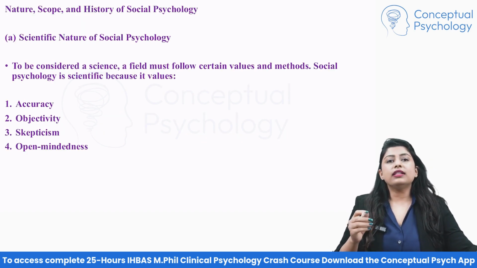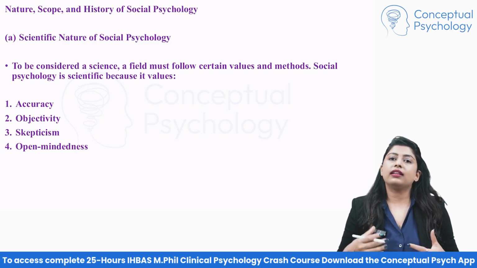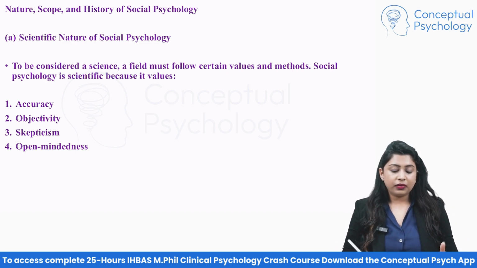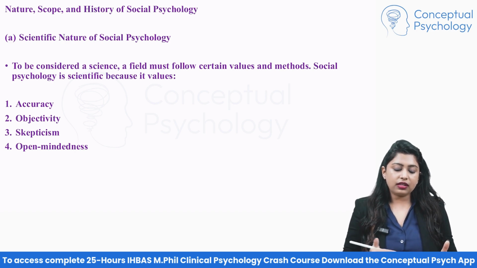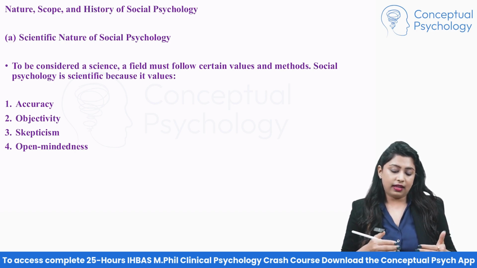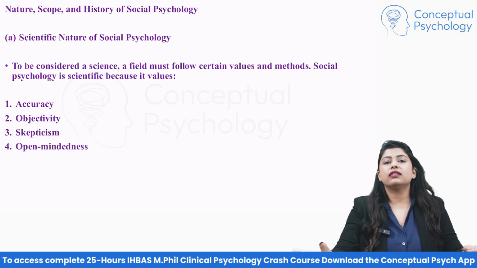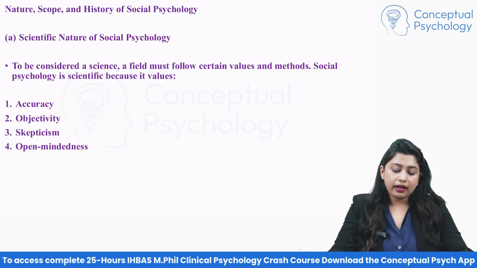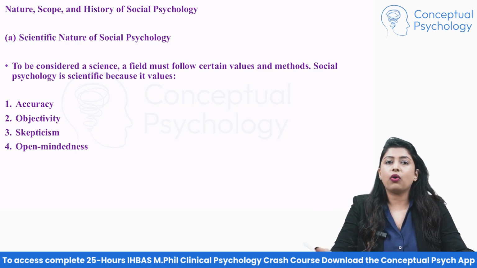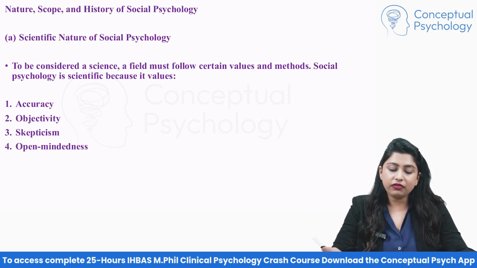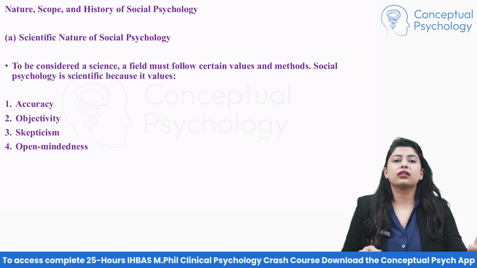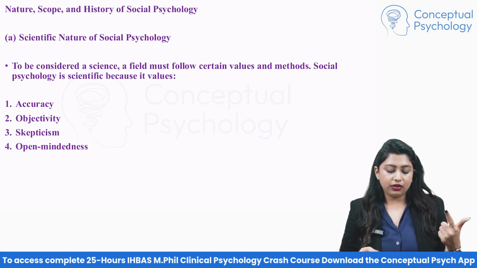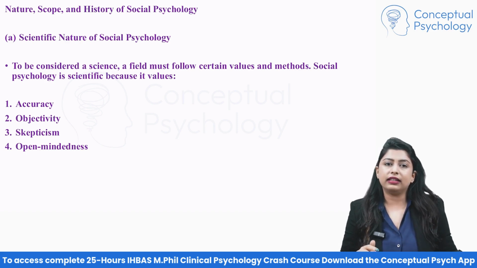Now, what is the nature, scope, and history of social psychology? The scientific nature of social psychology is that it is considered a science. It follows certain values and methods, and is scientific because it values accuracy, objectivity, skepticism, and open-mindedness.